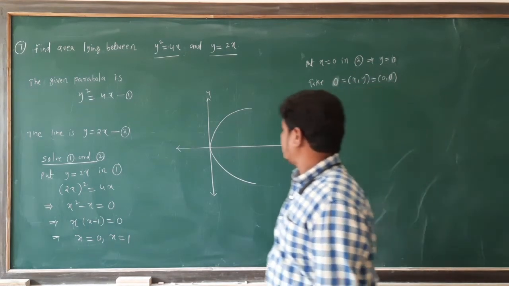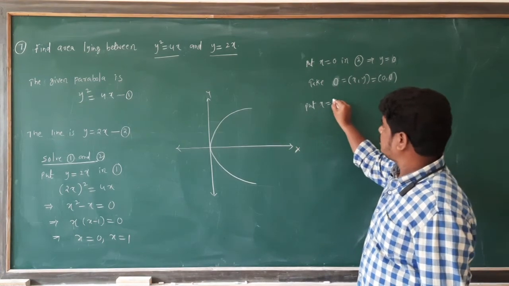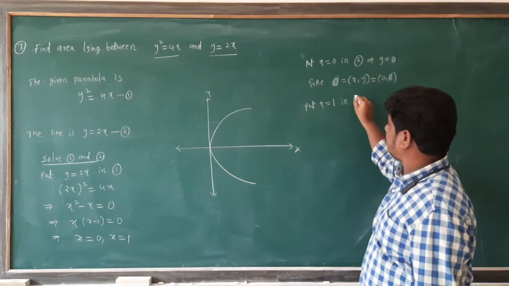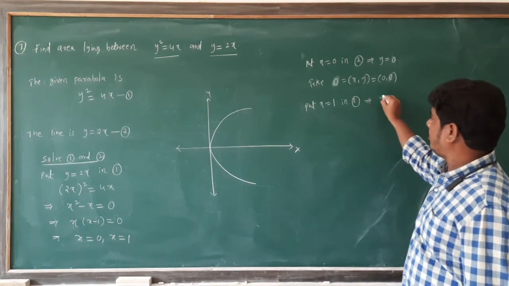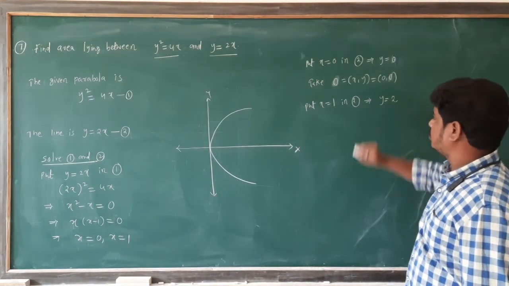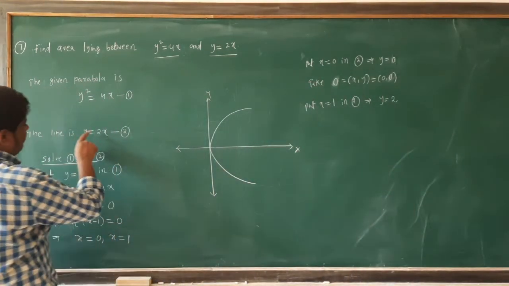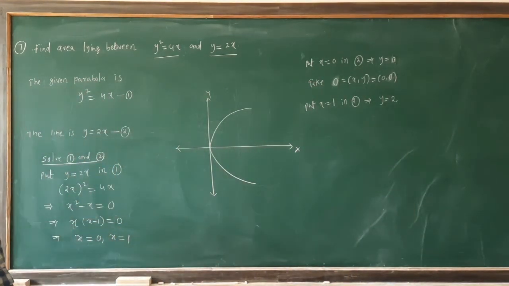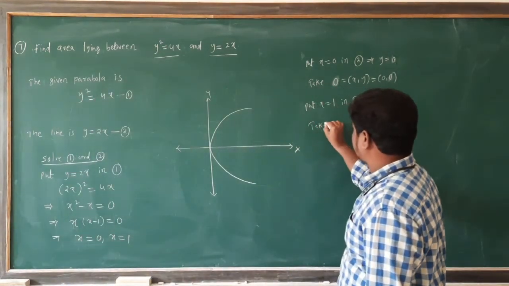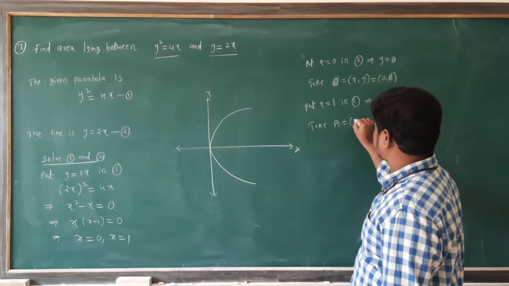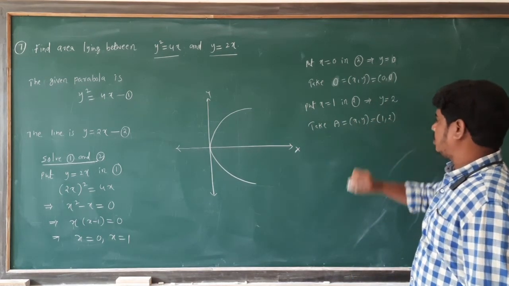Next, put x equals 1 in equation 2. What is the value of y? Y is 2. Take this point as A, where A equals x comma y equals 1 comma 2.